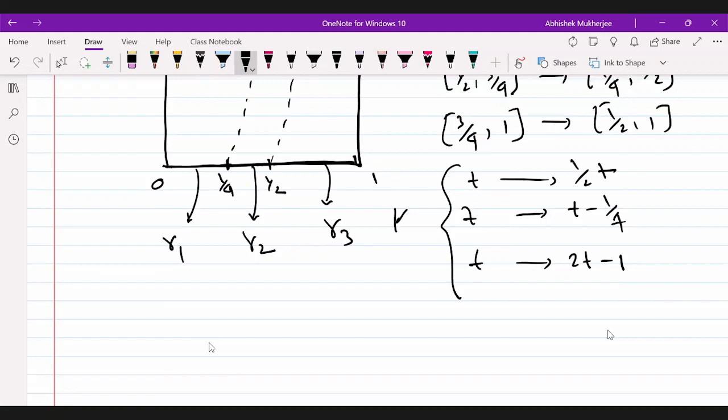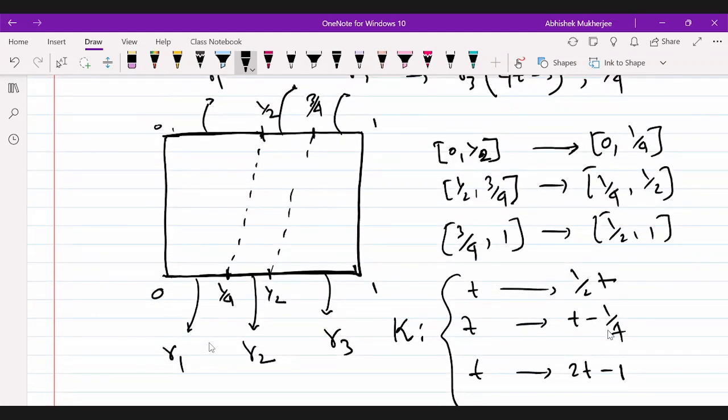Let us call it K. So K will map this 0 to half portion to 0 to 1 by 4. K will map this half to 3 by 4 portion to 1 by 4 to half, and 3 by 4 to 1 portion to this one.